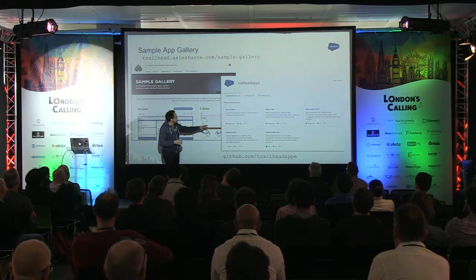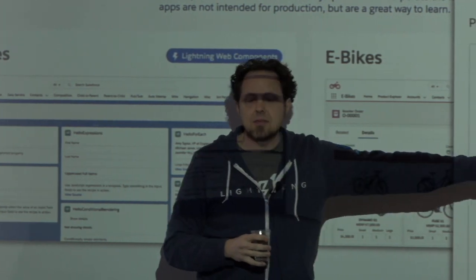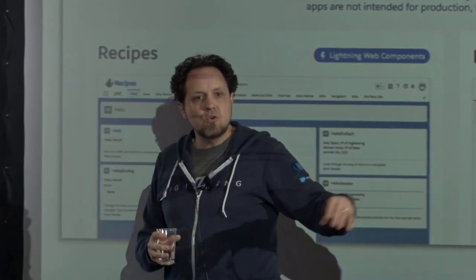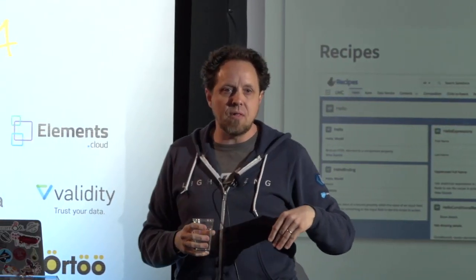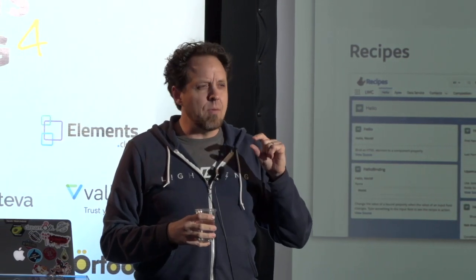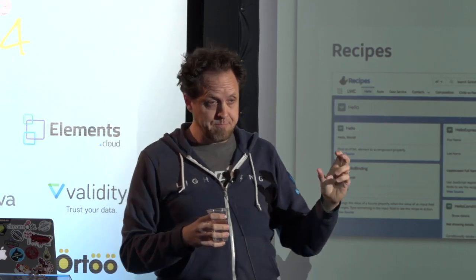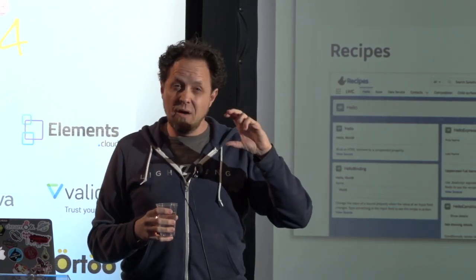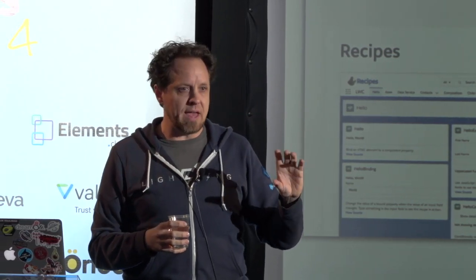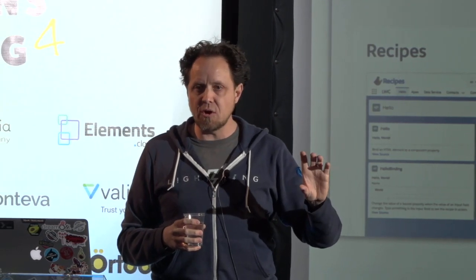For instance, LWC recipes, 90% of what I'm going to show you came out of that particular sample app. The recipes are all meant to be small snippets, fully functioning, of 60 lines of code or less. That's the rough benchmark that we go for.